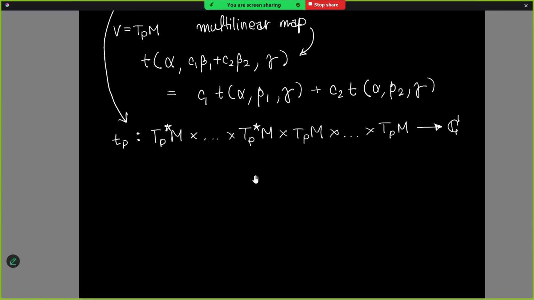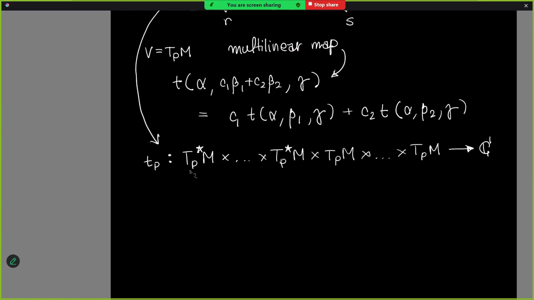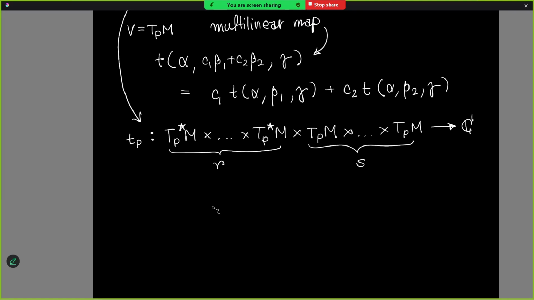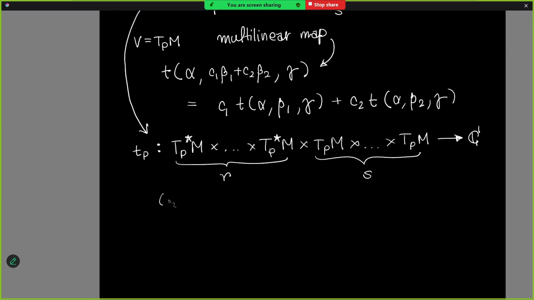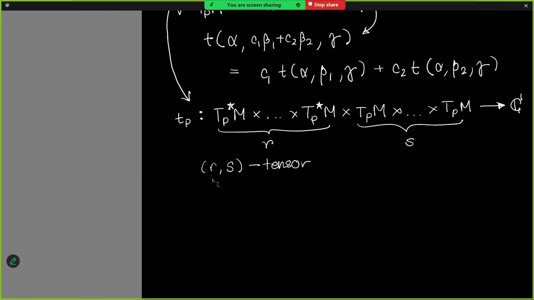And so, yeah, there are R of these, and there are S of these. And so this is called an (R, S) tensor, where R is called the contravariant rank, and S is called the covariant rank.